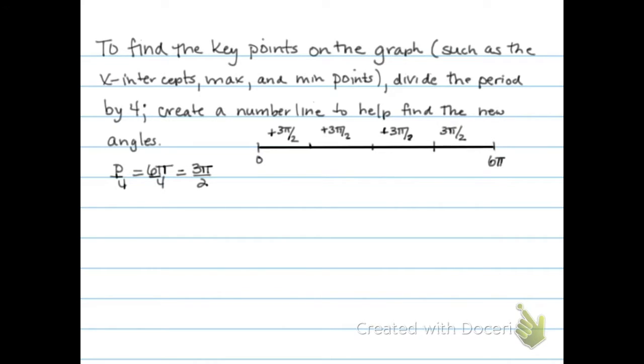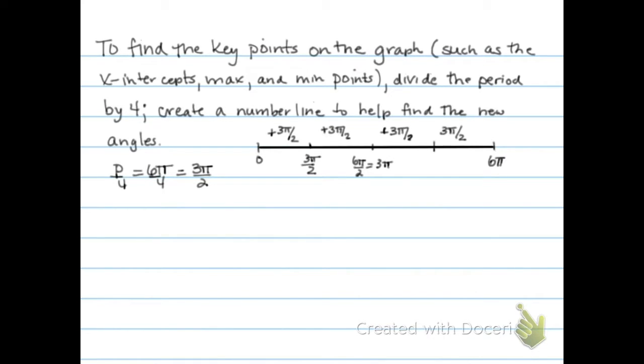So I'm riding my bicycle and I'm starting at 0, starting at home, and then I'm going to go 3 pi over 2 distance. So that means my first stop would be at 3 pi over 2. Okay, if I travel to the next stop, then I have to add 3 pi over 2 to where I'm starting from, 3 pi over 2. That's going to give me 6 pi over 2, which is just 3 pi reduced.